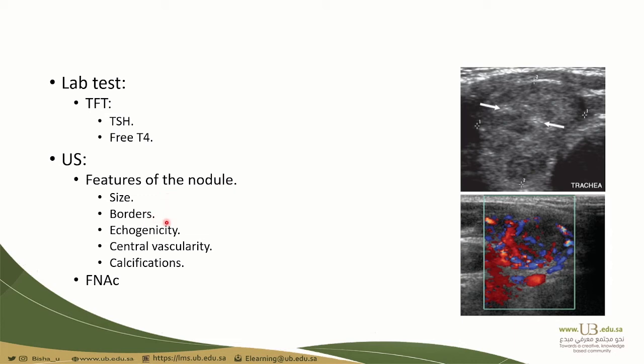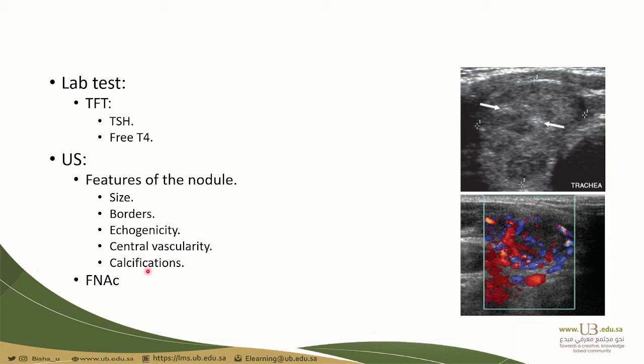Size, irregular borders going with malignancy, hypoechogenicity going with malignancy more than hyperechogenicity, and if there is central vascularity, because if there are malignant cells, they have the ability to produce angiogenic substances which will increase the vascularity of that area.